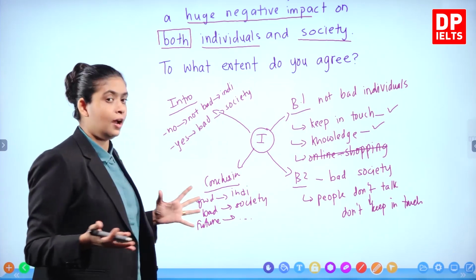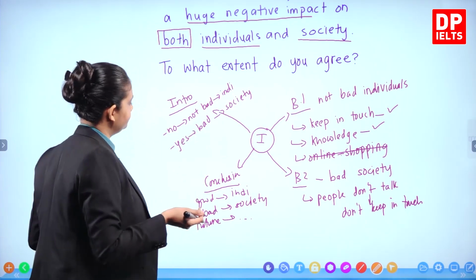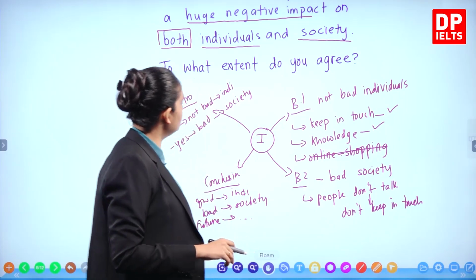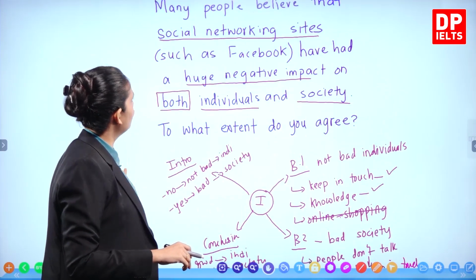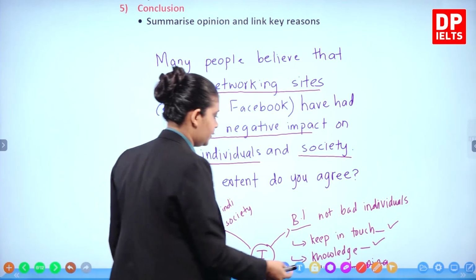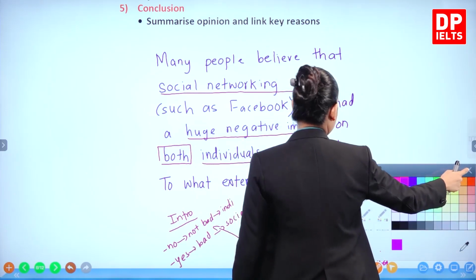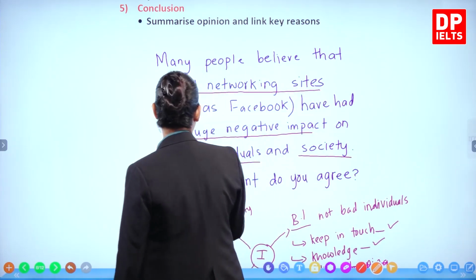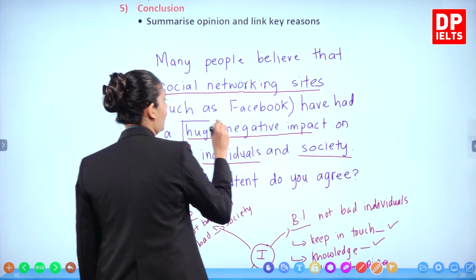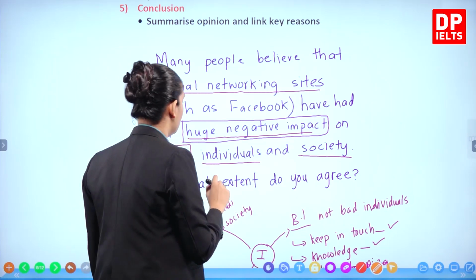So here I'm going to write a balanced view, okay. Now to do that I need to paraphrase the question as well. Now let me have a look at some of the words and phrases, right? So I think huge negative impact, yes, we can paraphrase, okay.